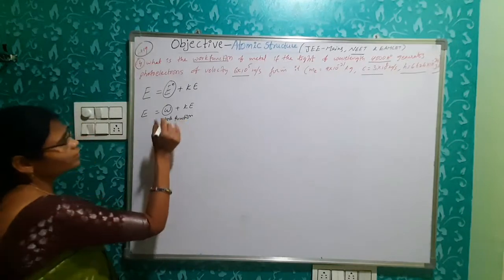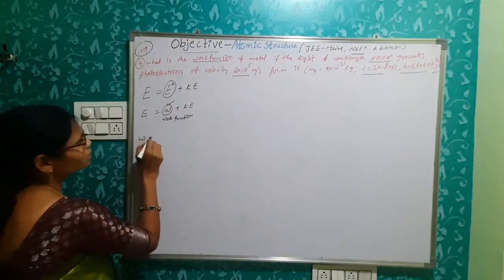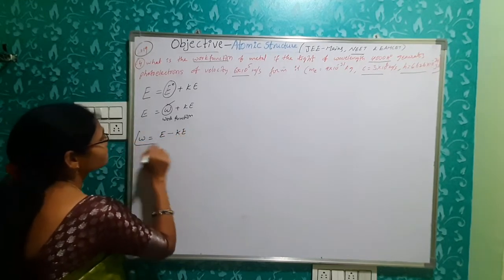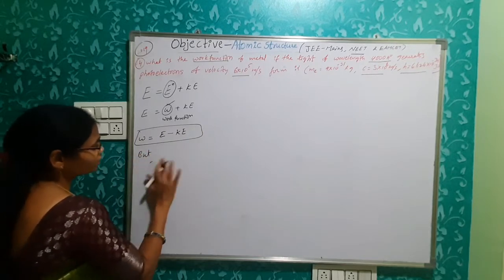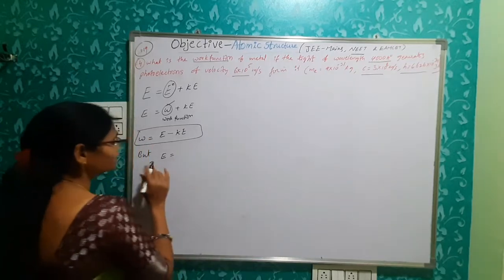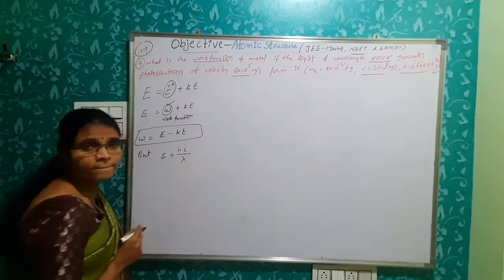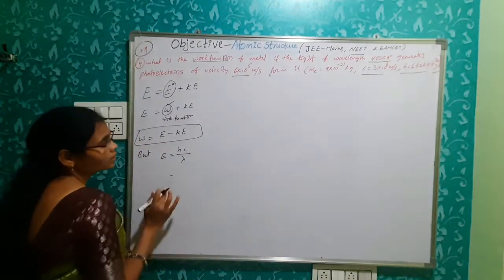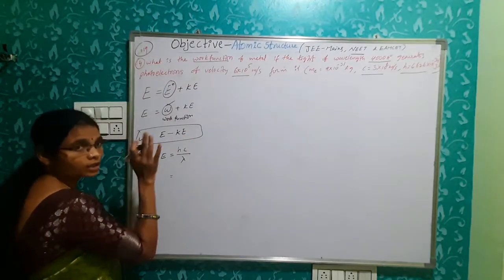Okay, so we have to calculate this work function. Simply, work function is equal to E minus kinetic energy. We know very well capital E is equal to what? Wavelength is given. What is the relation between energy and wavelength? hc by lambda. So first of all we have to calculate E, then KE, then finally we will get the work function.